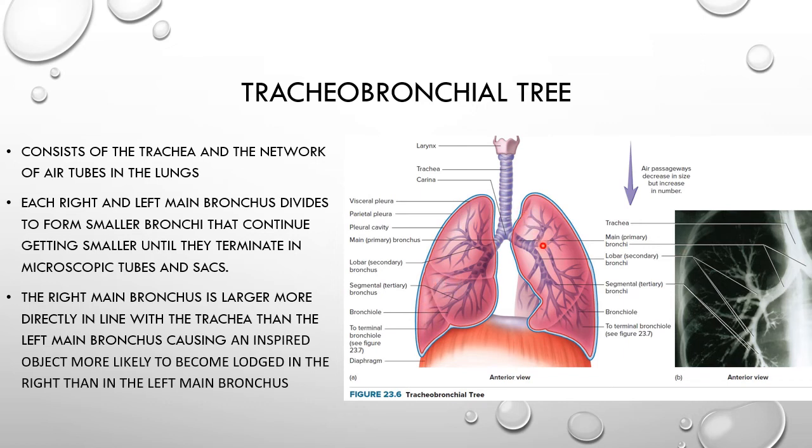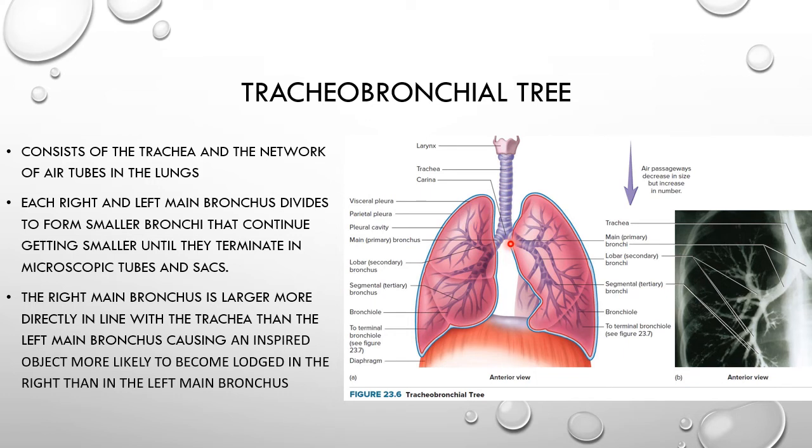The right main bronchus is larger. If you look at this picture, yung right nyo is larger and more directly in line with the trachea. Okay? So, ito pala. This is left pala, no? So, tingnan nyo. Mas malaki siya compared to your left main bronchus and mas vertical siya.